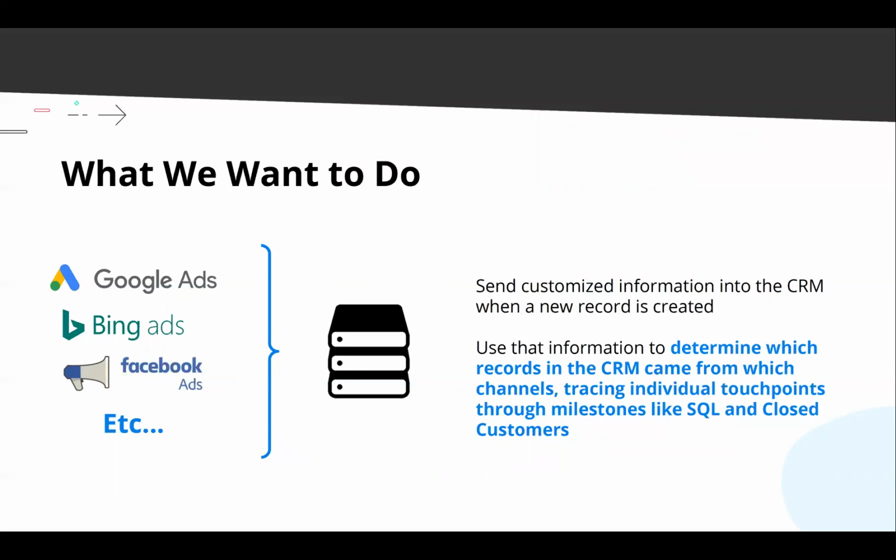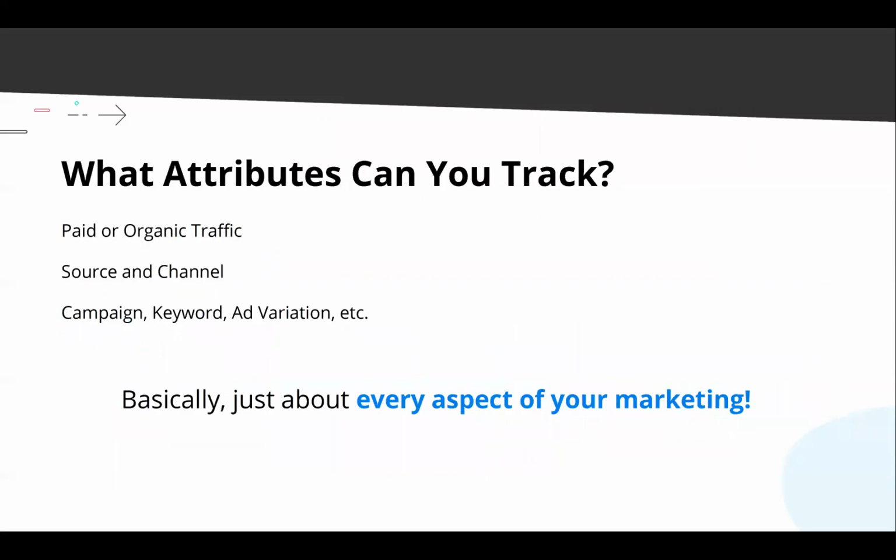We want to eventually determine which records in your CRM system came from which marketing aspects, because then you can look 6 months down the road and say, these SQLs or these customers came from this ad, this channel, this post, etc. So that's the first thing we want to do. We do that with tracking attributes or parameters on the URL.